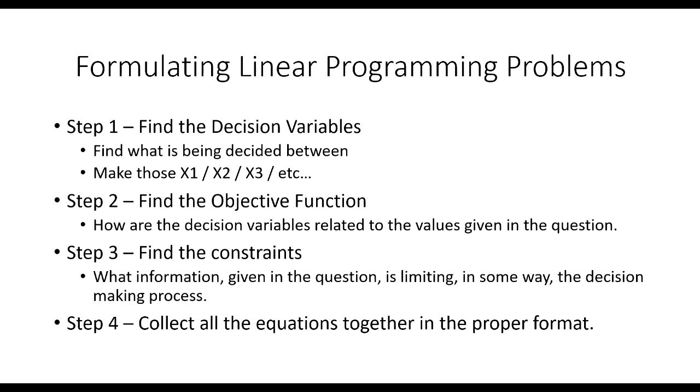Once we've found what we're deciding and we know how what we are deciding relates to our system, that's when we're able to find our constraints. We always have limitations governing the choices we make. Another word for those limitations is constraints.